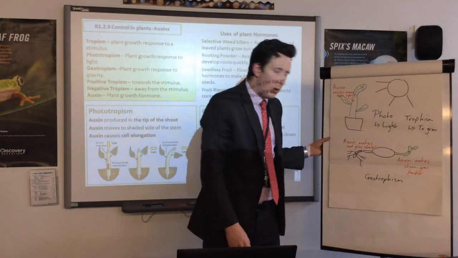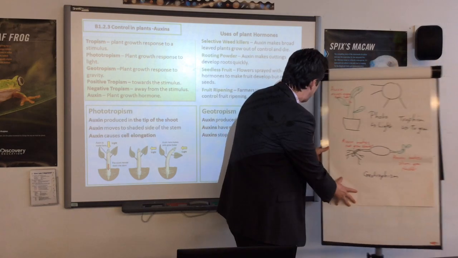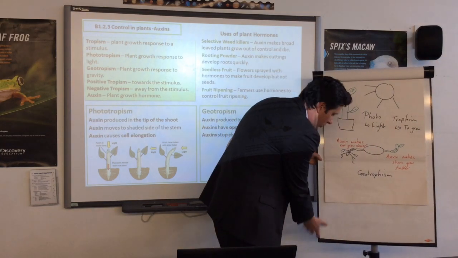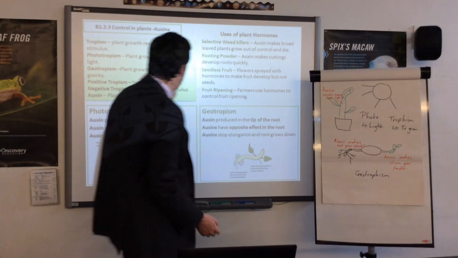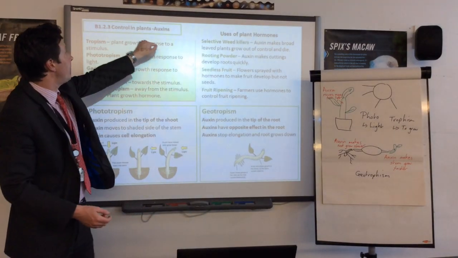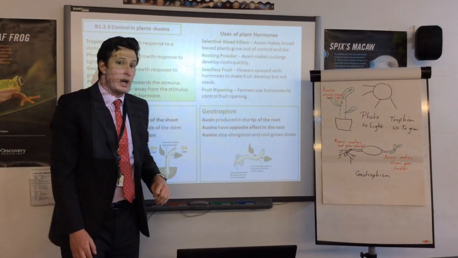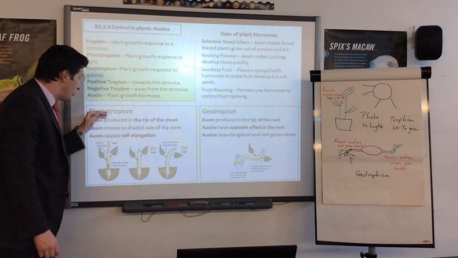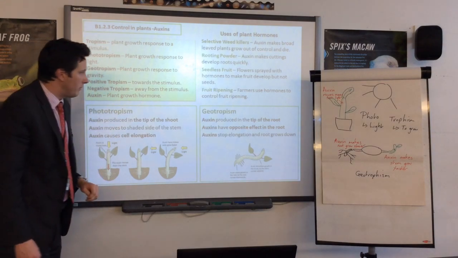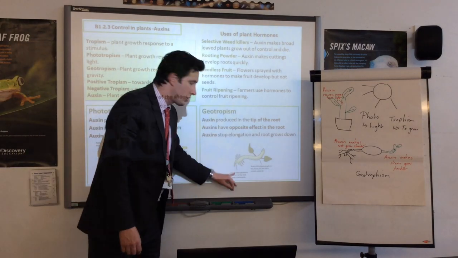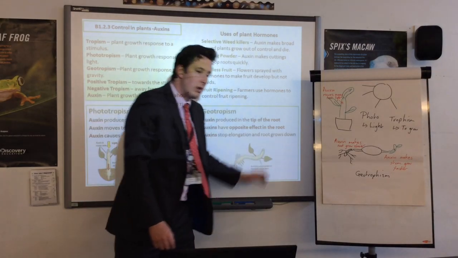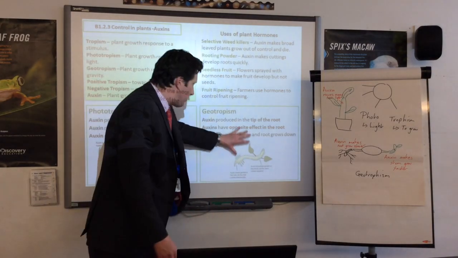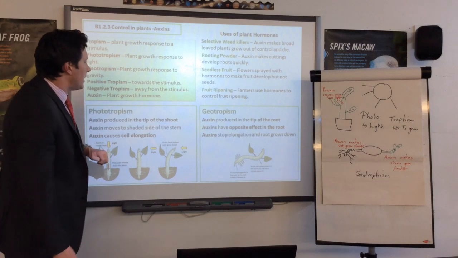I mean, the ideas about auxin and knowing auxin as the plant hormone, we should know that. So we need to know that the hormone involved in plants growing is auxin. We need to know that it grows towards light in phototropism, and in geotropism the roots grow down and the stem grows up. Okay, those are the basic bits. Okay.